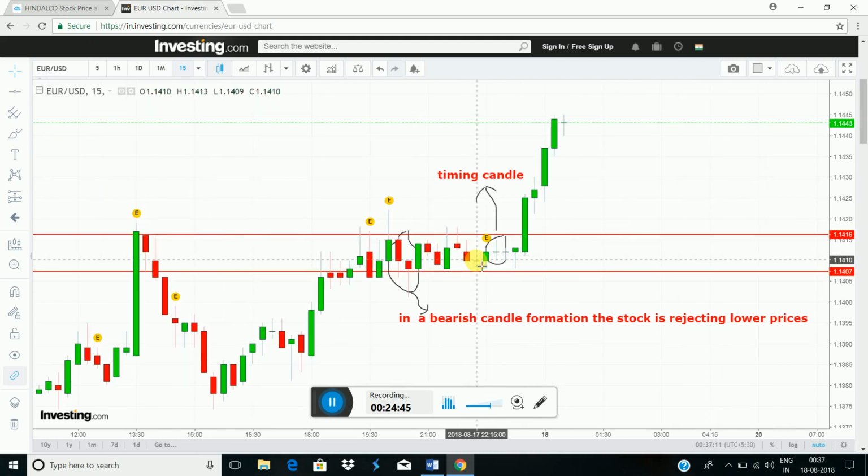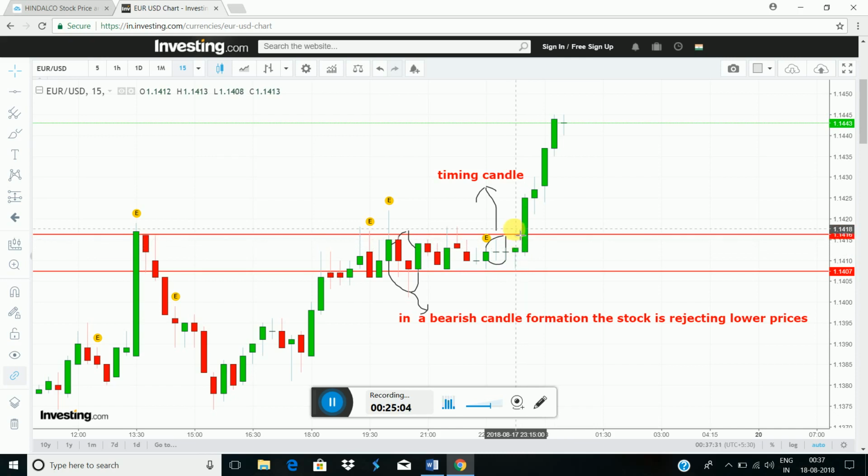The answer is we will take the trade on the buying side. So once after this timing candle, we see the formation of a bullish hammer, this is our moment where we will enter this trade.